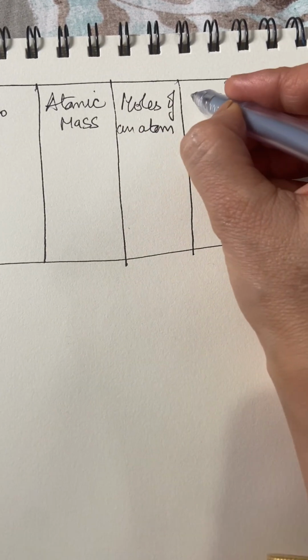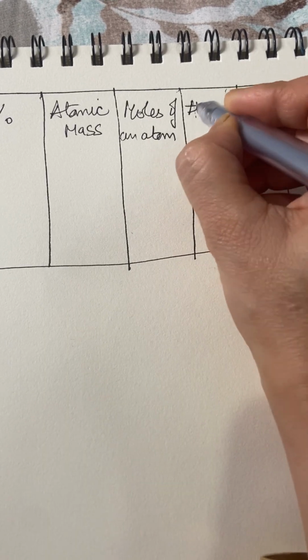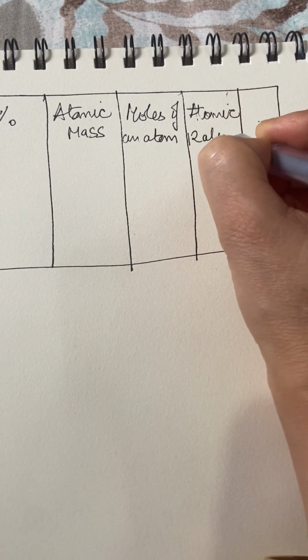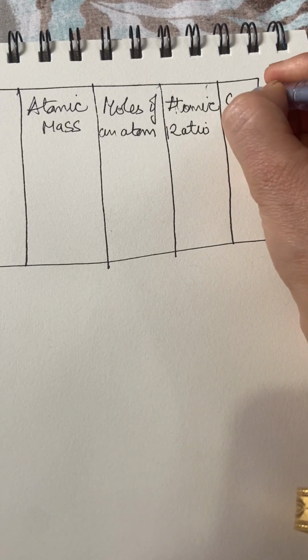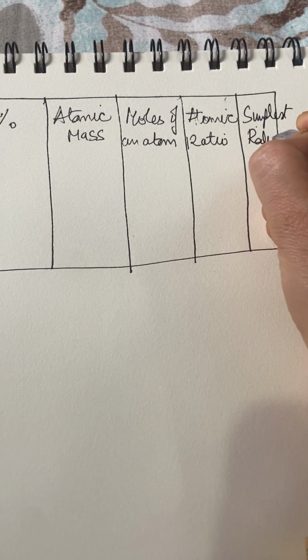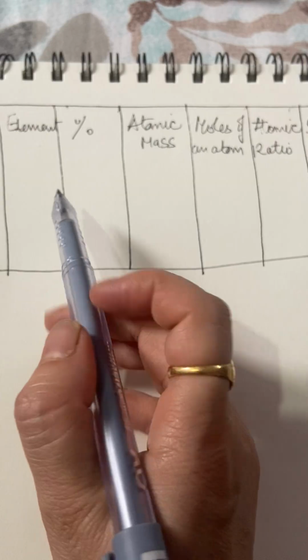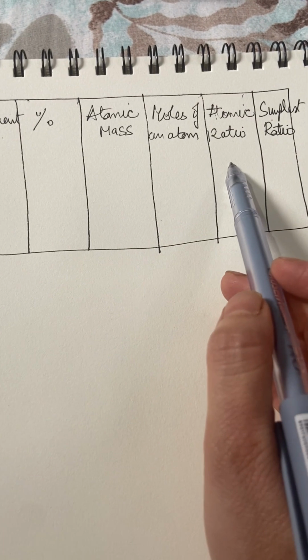Next you will find the atomic ratio, and from the atomic ratio we will calculate the simplest ratio. So these are the 6 columns which you have to take when you are solving any empirical or molecular formula of a compound.